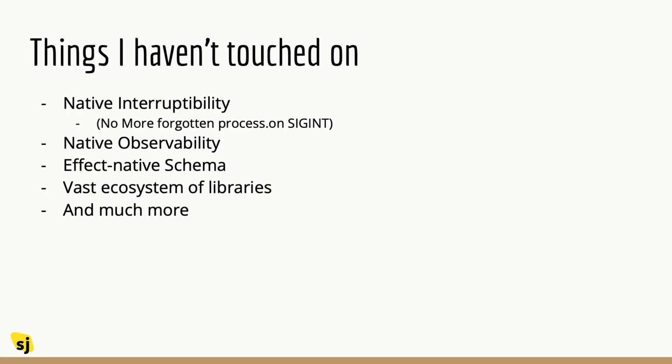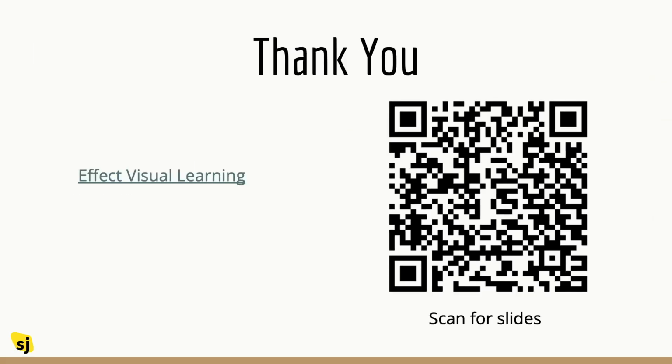From my memory, they've got like 20, 30 packages at least. I've also touched on streaming. There's so much in there, but that's just a little tip of the iceberg of what Effect supports. And that's it. Thanks, everyone.